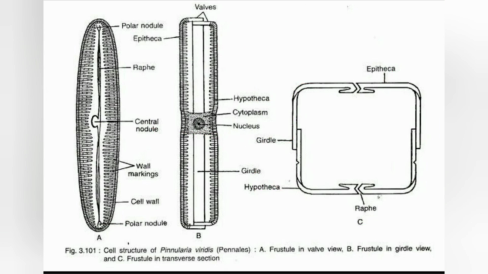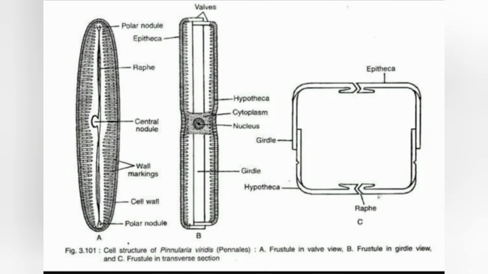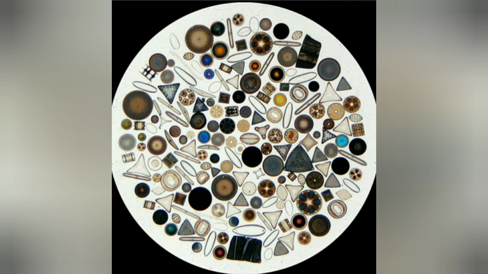That is why they are of different forms. In figure A also the pattern is different. So these are the different structures of the diatoms. You can see here also many different varieties.